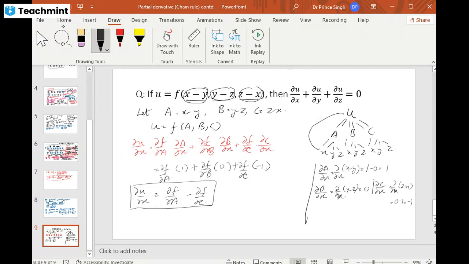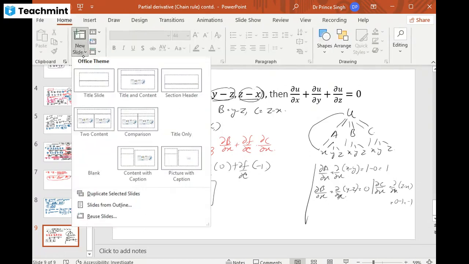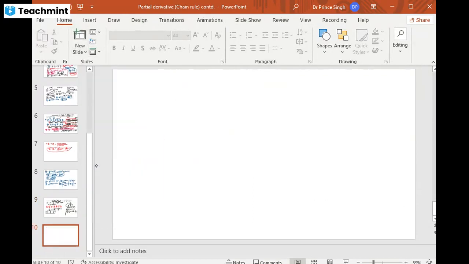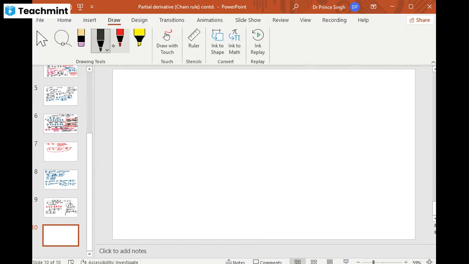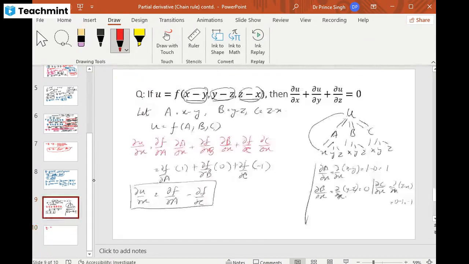Now similarly, we are going to calculate the derivative of u with respect to y and with respect to z. So what is the derivative of u with respect to y? Again, following the chain, u is a function of x, y, z, a, b, c.